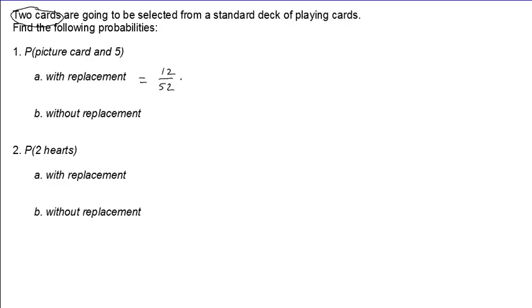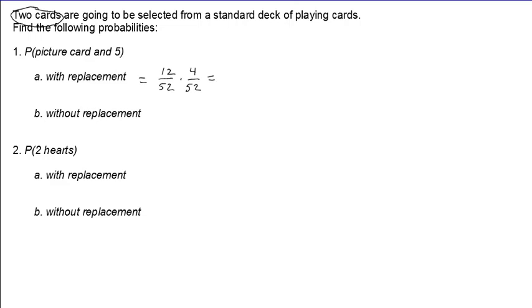Then I am replacing that card back into the deck, and the next time I draw, I'm drawing a 5, and there's 4 chances of getting a 5. And because I replaced the first card, there are still 52 cards in the deck. So I need to multiply these two fractions together.